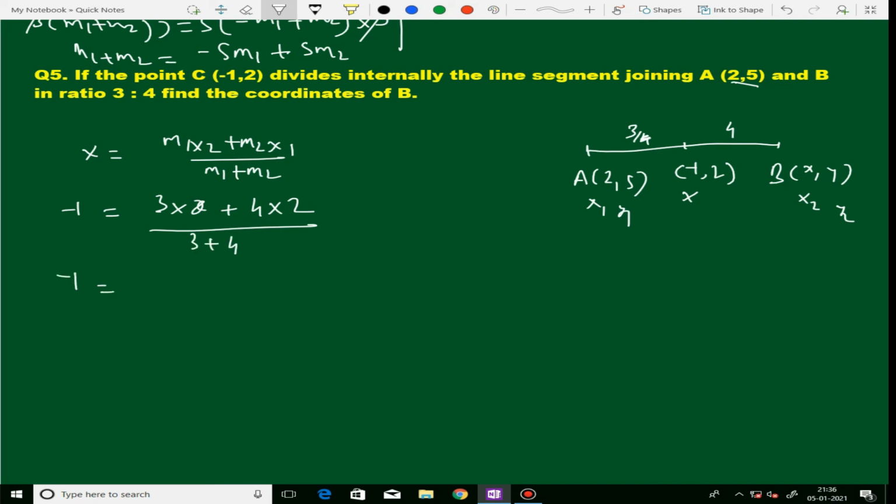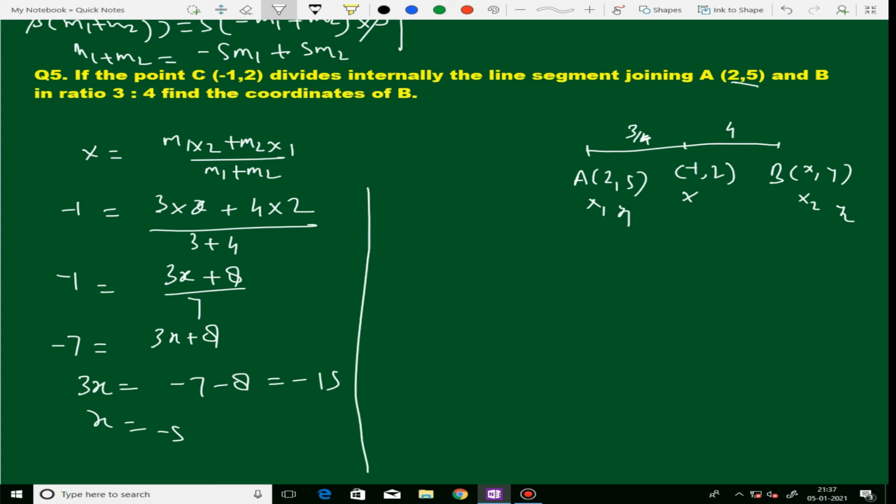So this is -1 equal to (3x plus 8) upon 7. Cross multiply, then you will get -7 equal to 3x plus 8. So this will become 3x equal to -7 minus 8, minus 15. So x will become -5. Clear?